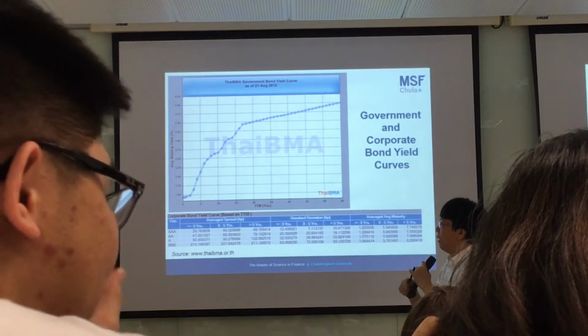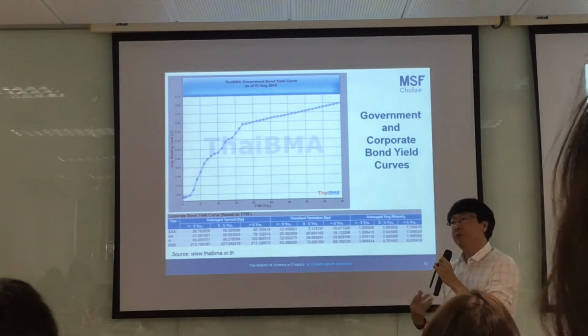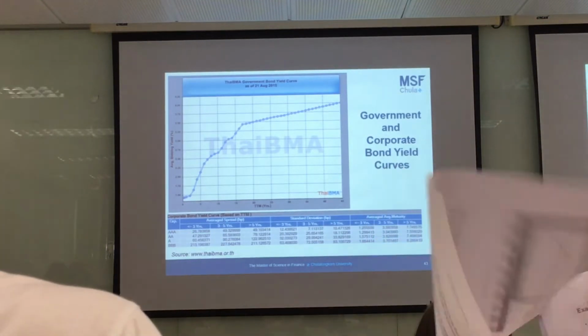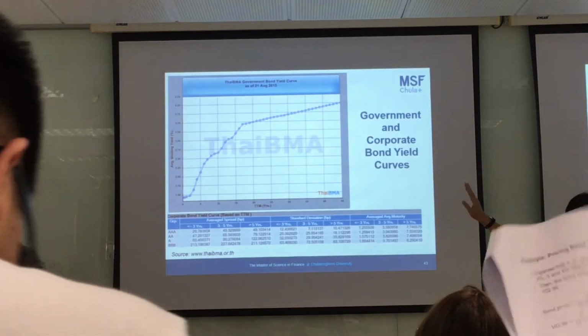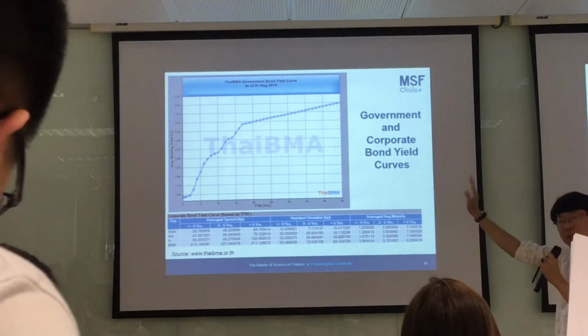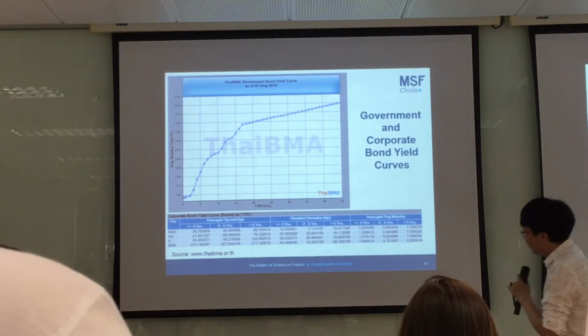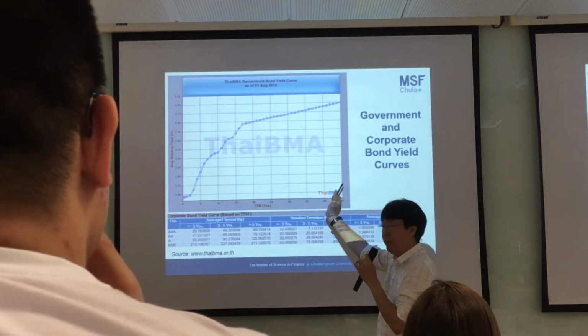Last lecture we talked about some functional forms to construct the yield curve, given some actual data points like this. But this one actually did not try to smooth the curve, so it would be something like not smooth. This is a yield curve for the government rate.